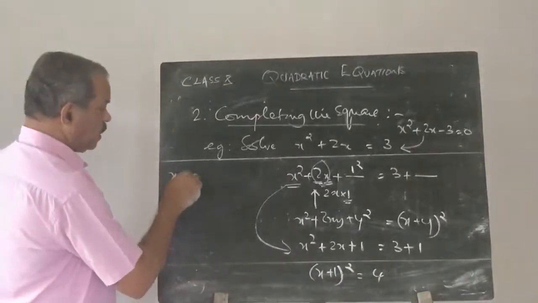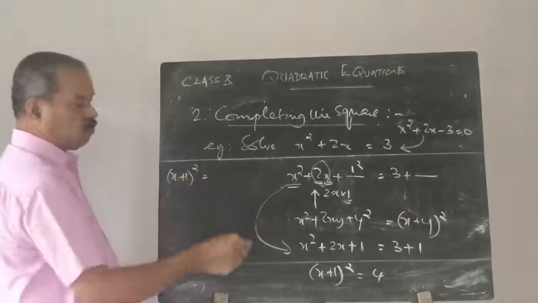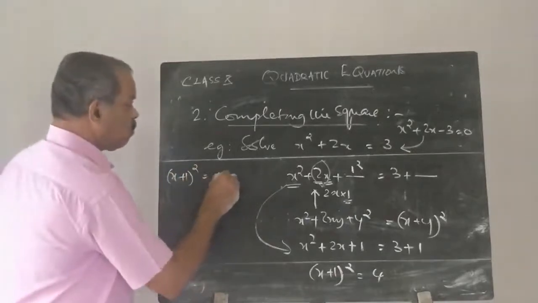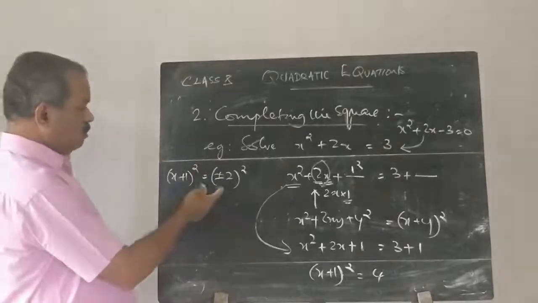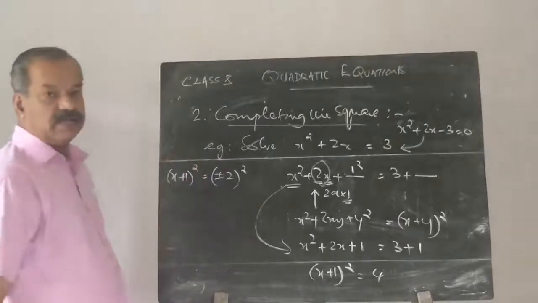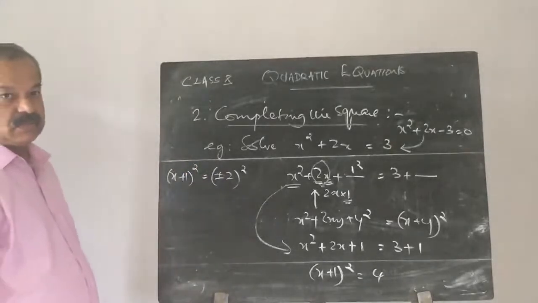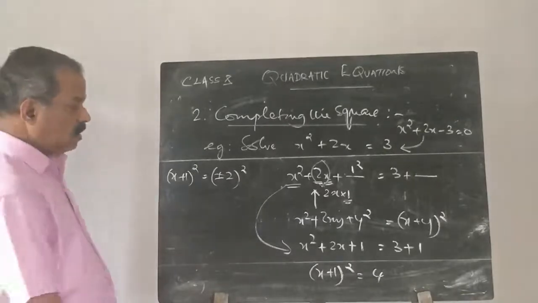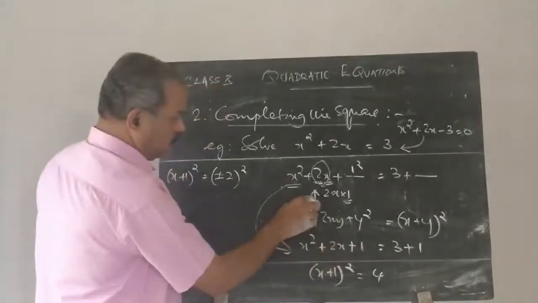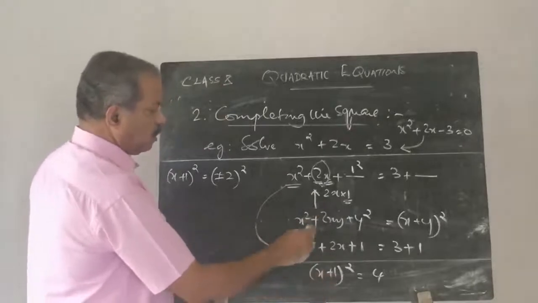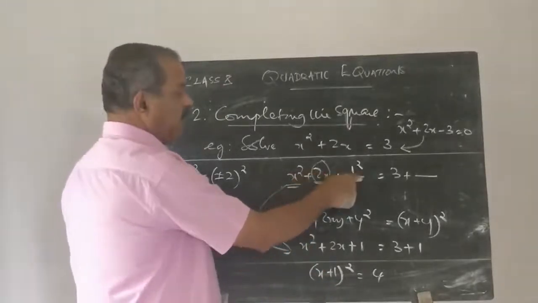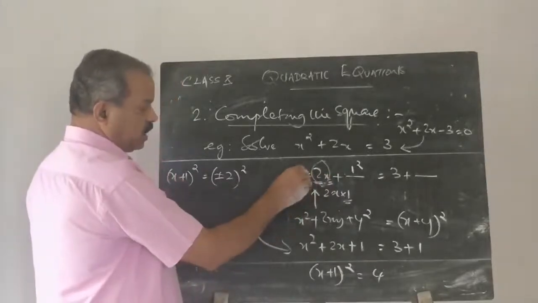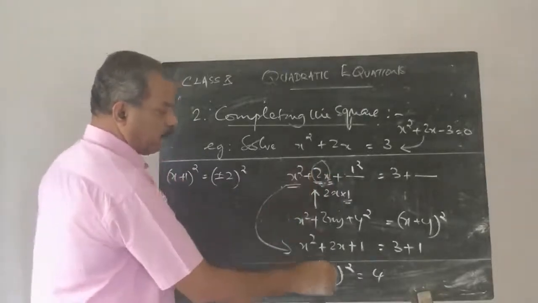That is, x plus 1 the whole square equals 4, and 4 can be written as plus or minus 2 the whole square. Now we have both the left hand side and the right hand side as squares. Here, the expression x square plus 2x, by adding 1, we changed into a perfect square.